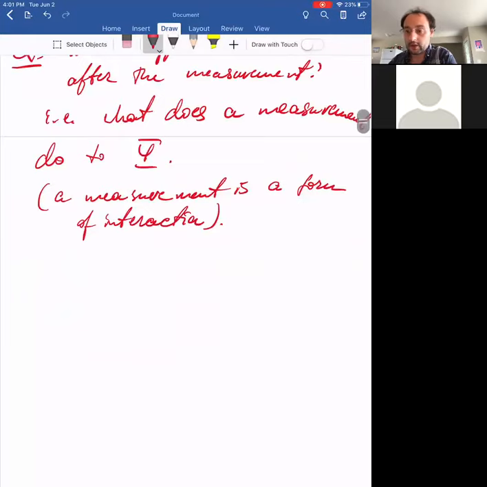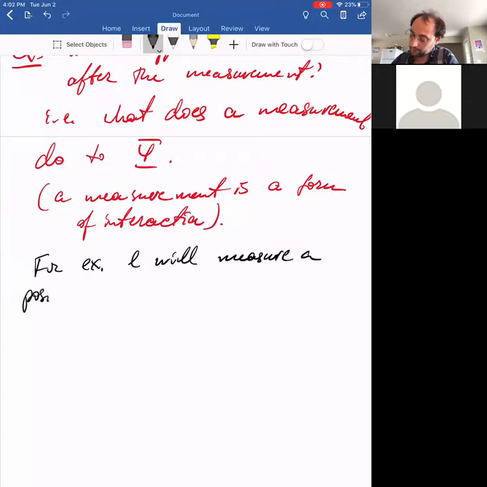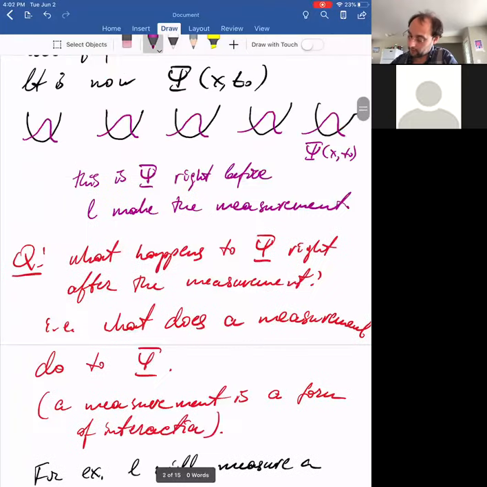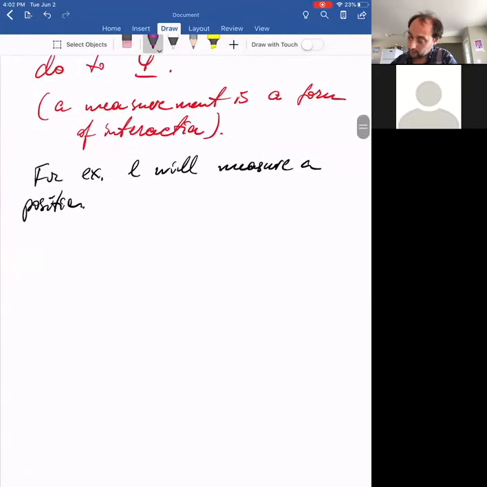So this is the question. Let's look at an example. For example, I will measure a position. So here's this wave function that I drew. Let me try to reproduce its shape, right? So here's space.